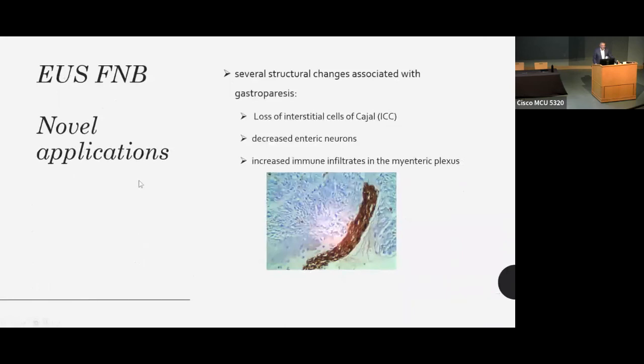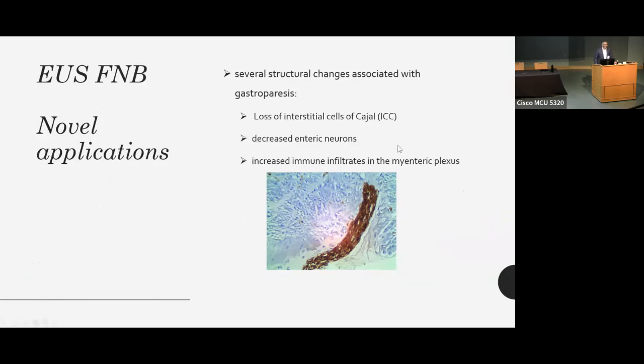So this is an example about FNB versus surgical biopsy. That's when I started my first job at Texas Tech University in El Paso. My mentor was a gastroparesis expert, Richard McCallum, and I couldn't find anything that we could work on together except doing FNB of the wall of the stomach to find the interstitial cells of Cajal.